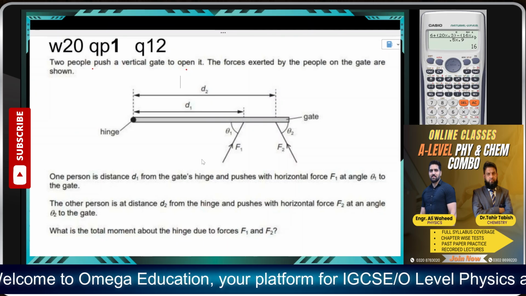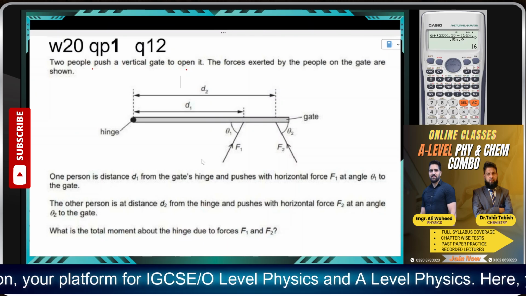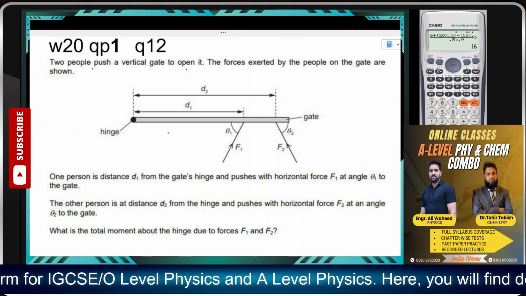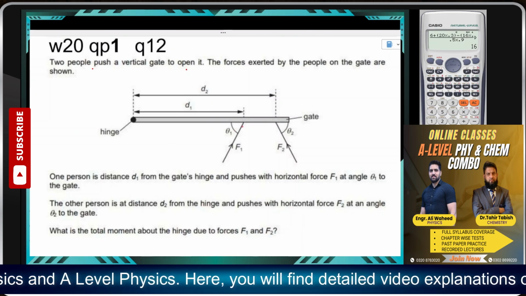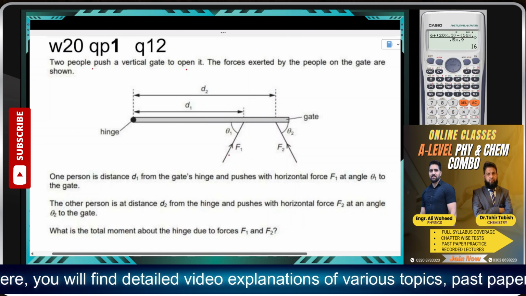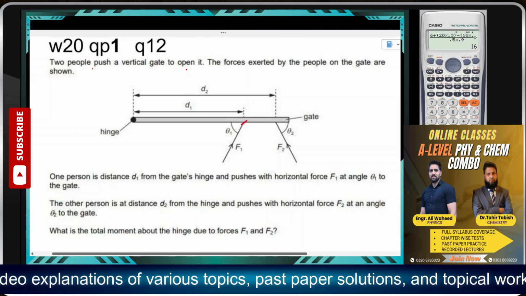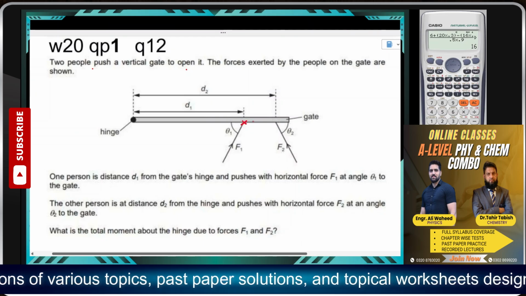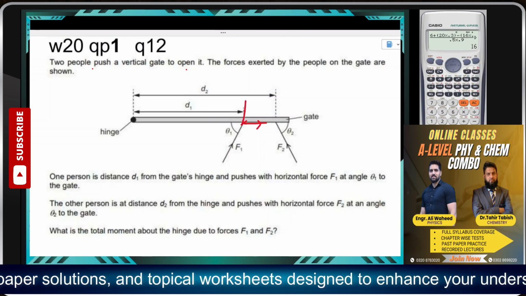So we'll have to resolve either of these two into components. What I can do is resolve the force into components. So if I draw the components of F1, you can do it this way. The force F is being exerted at this point, and the two components would be one over here, the other one over here.